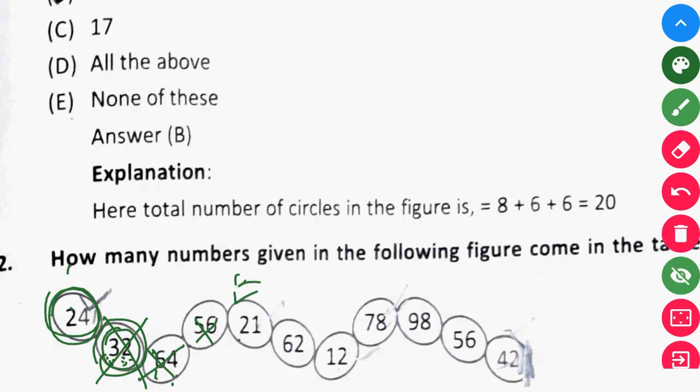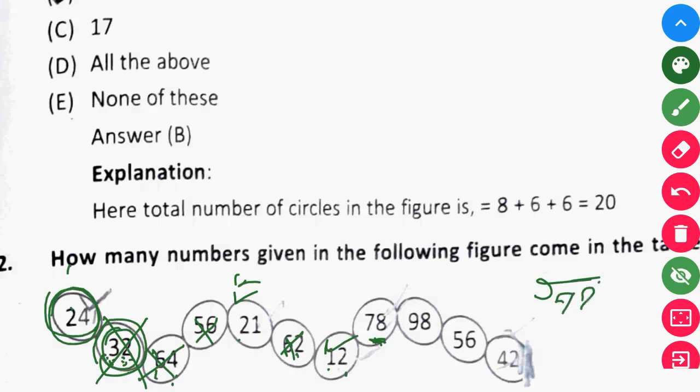So 1 and this 2. Now 62, 6 plus 2 is 8, so it should not be there. 12, 1 plus 2 is 3, and 12 is also in the table of 3. You all know the table of 3 up to 3 tens, so 12 is there. 78 is a bigger number, so add the digits: 8 plus 7 is 15. 15 can be divided by 3, so 78 will come in the table of 3.